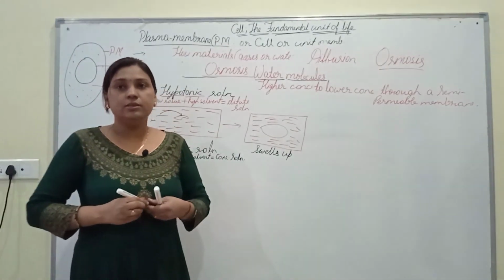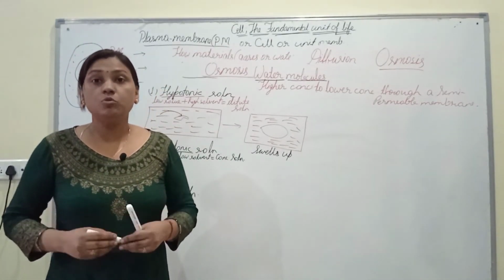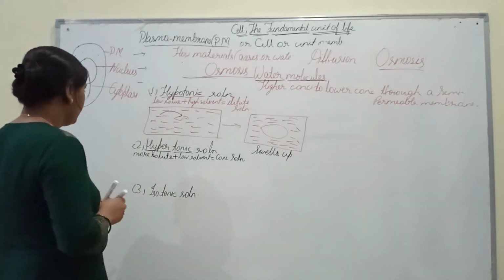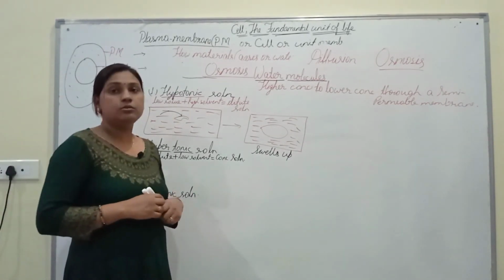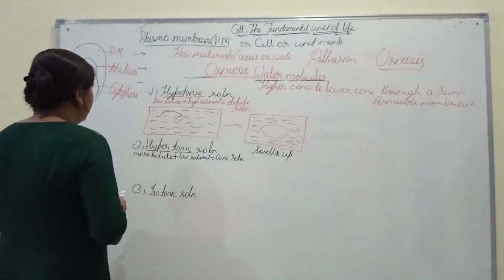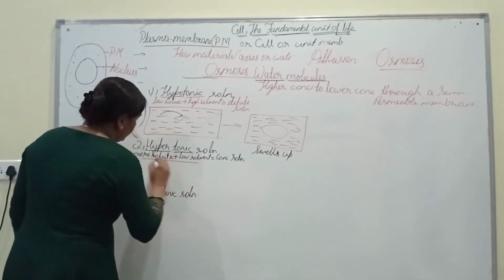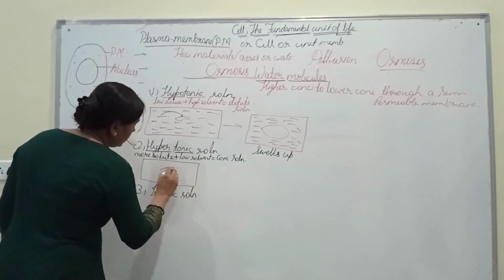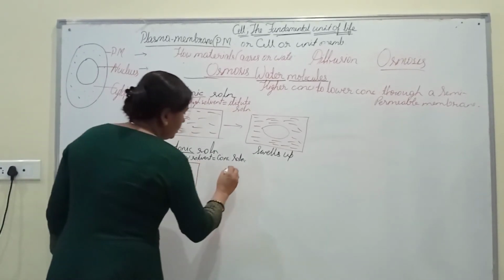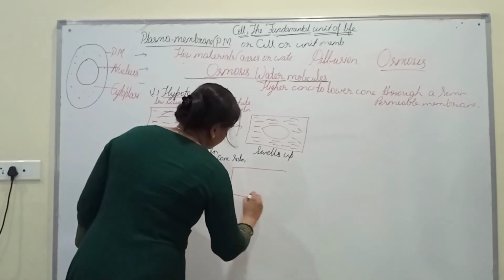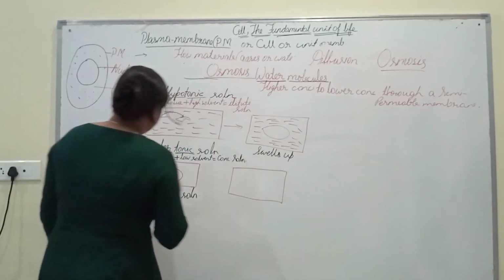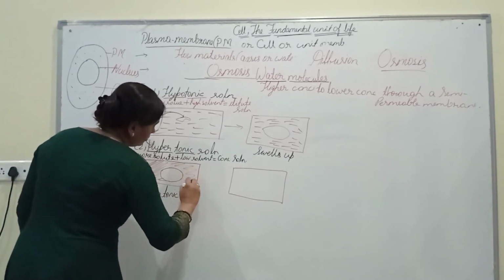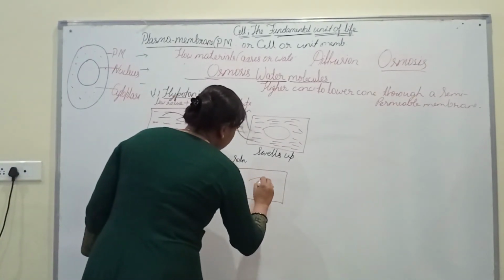Concentrated solution means here the solute is more and water is very little, so it makes the solution concentrated. Now what will happen when we keep a swollen raisin inside such a medium, that is, in a very concentrated solution? What will happen?